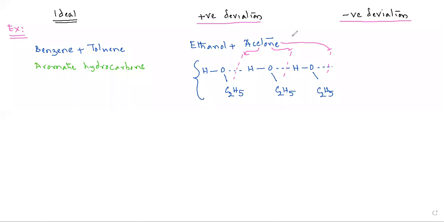Because of acetone, now the interactions have decreased. So this is an example for positive deviation.